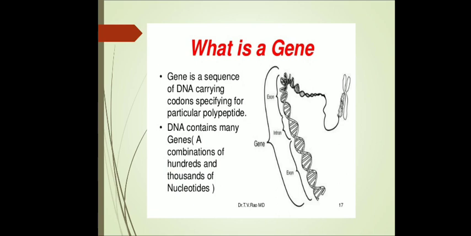Genes are nothing but fragments of DNA. It is a sequence of DNA which carries codons specifying particular polypeptides. It may contain a combination of different types of nucleotides, and generally the codons are made up of three nucleotides.